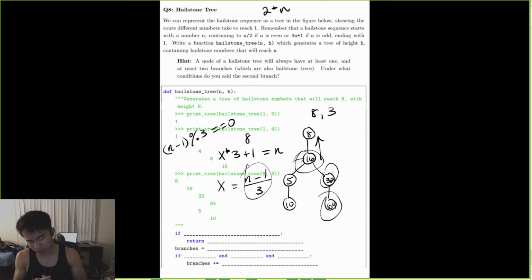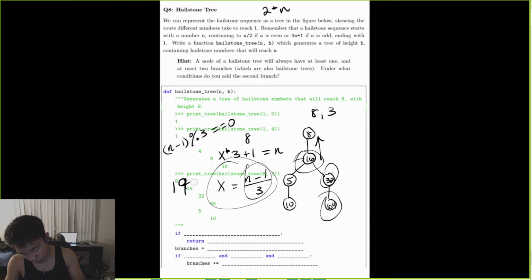The reasoning behind this is, let's say our number was 6, and we were trying to get to maybe the number 17. We solved this equation, and, I think I did it the wrong way. Let's say we wanted the number 19. So we solve for x, and we get that x is 6.